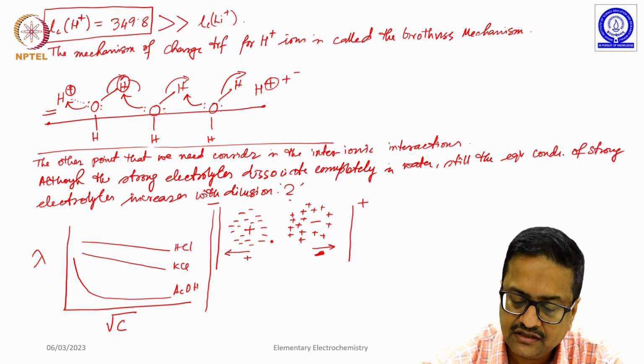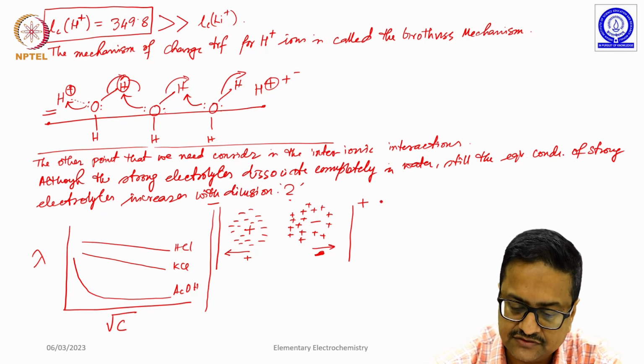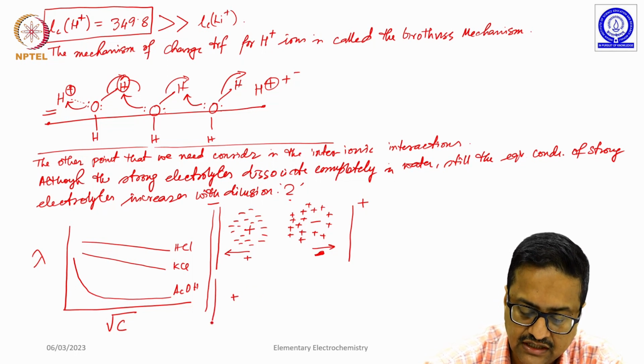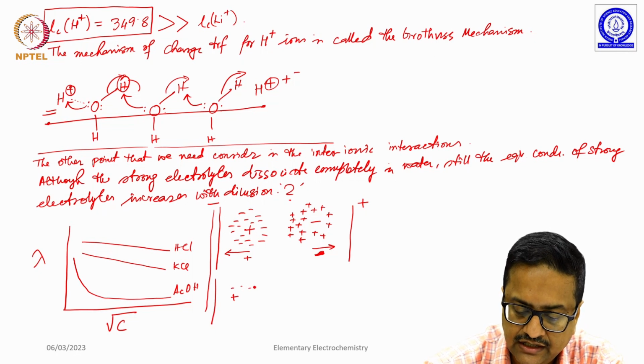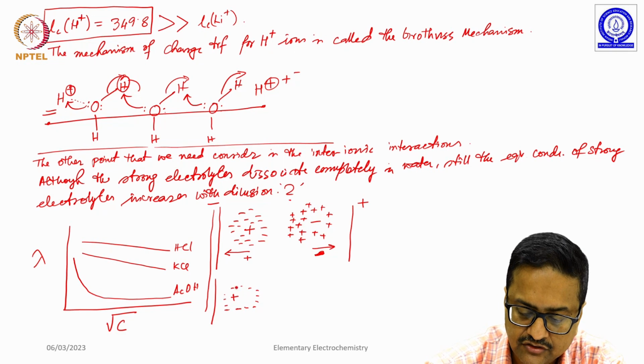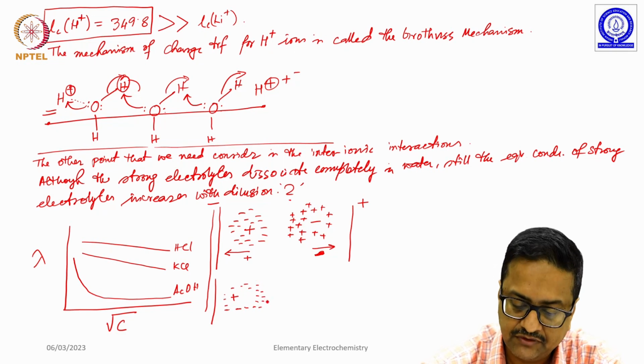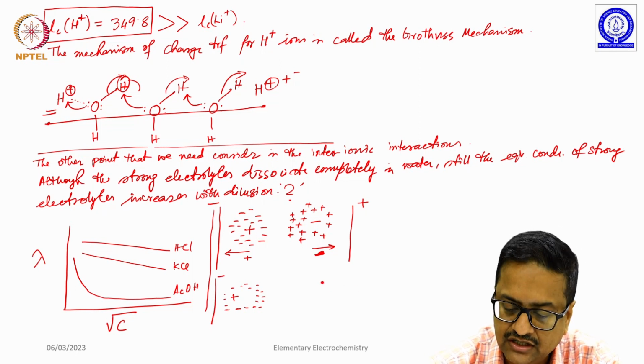And what will happen is this second scenario, that the positive ion tries to come closer to the electrode while the negative ion atmosphere is pulling the cation in the other direction, because negative ions are moving away from the negative electrode.